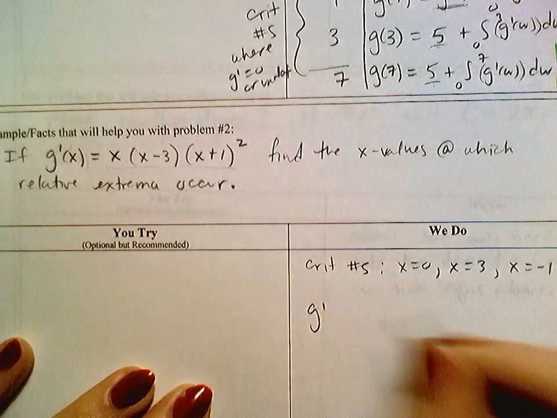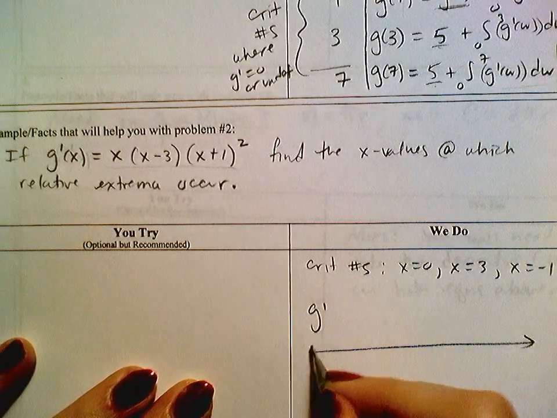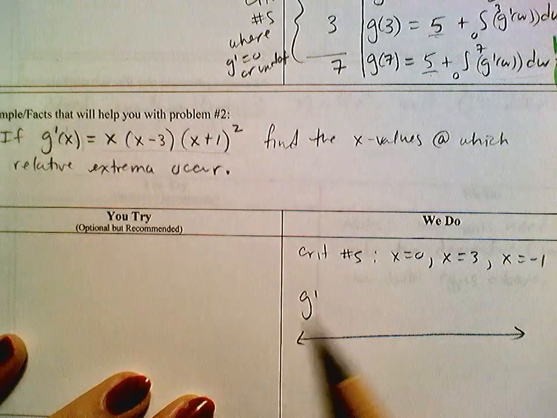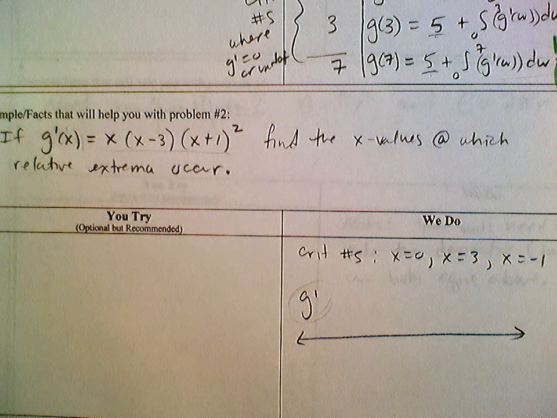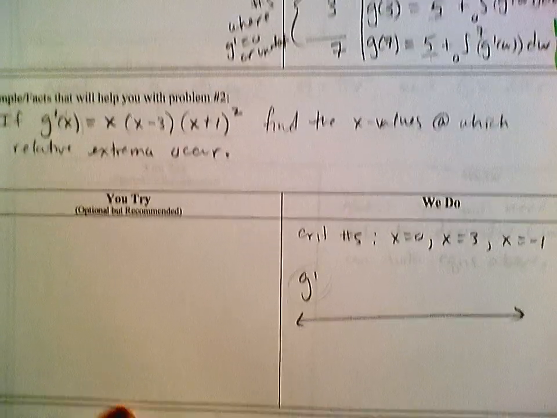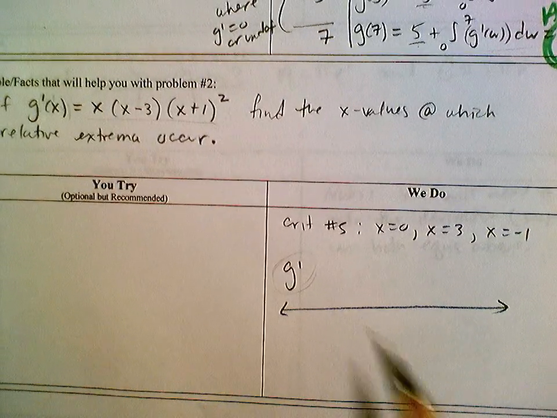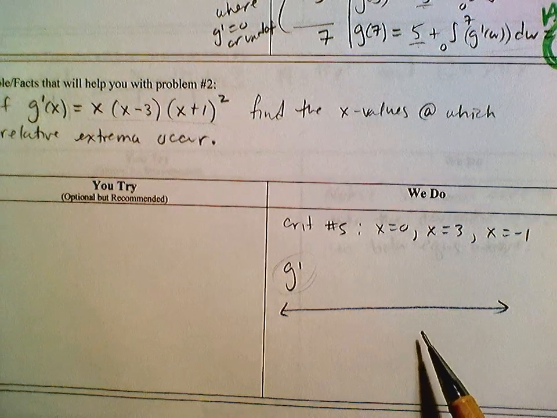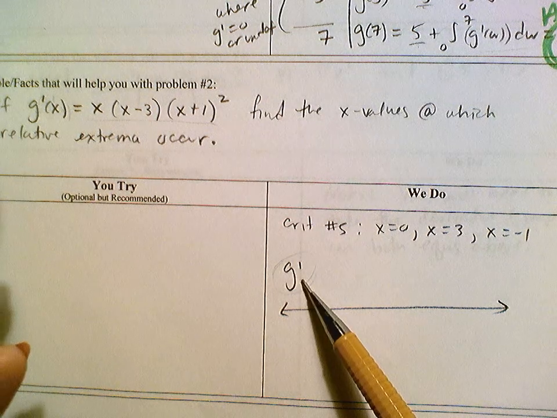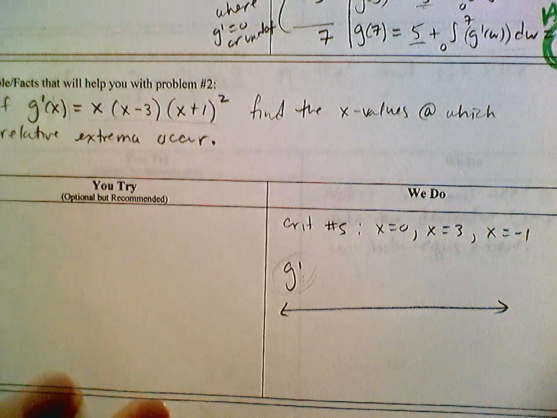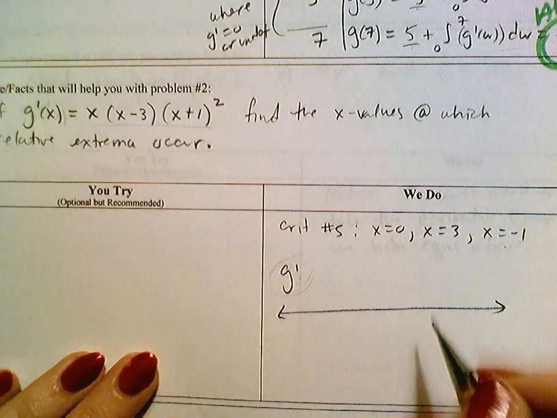So then I go g prime. I think when you do a number line test, you should write up above here what you're trying to get sign changes on. Because a lot of times people will say, well, what do I plug things back into? And you won't have to ask that question if you've written g prime up there, because the answer is whatever is here. So this is the g prime number line. These are g prime values.